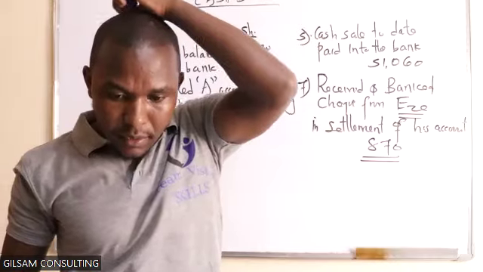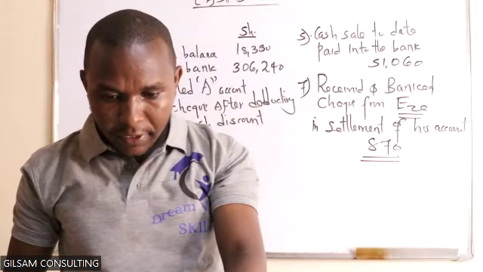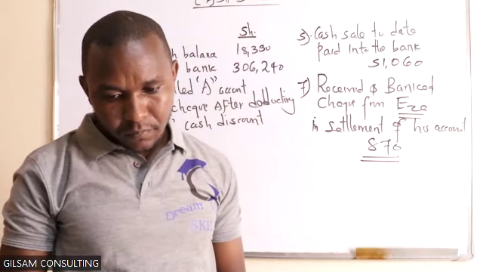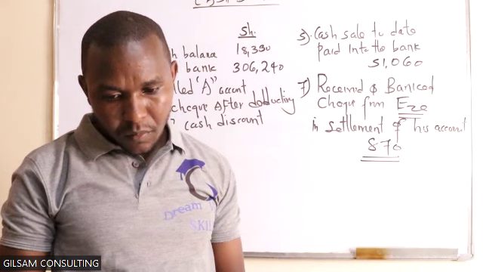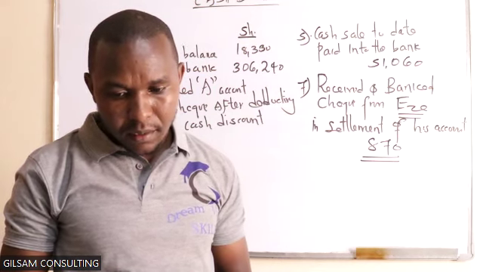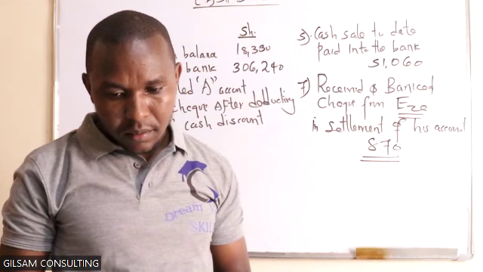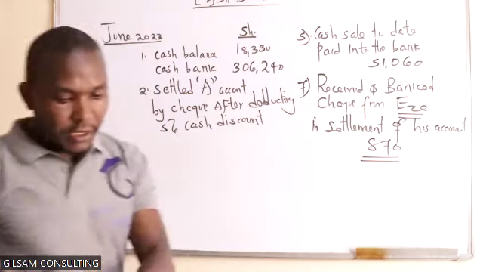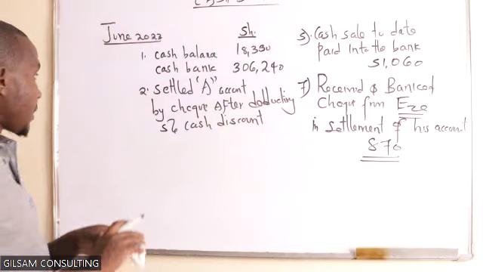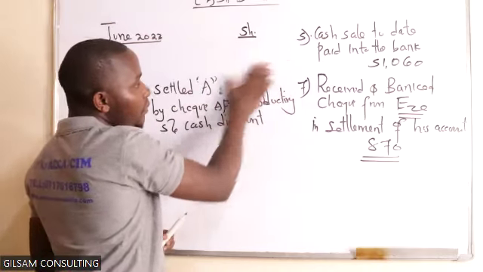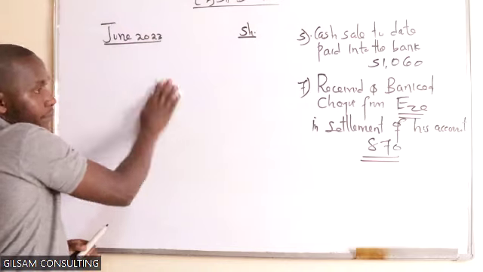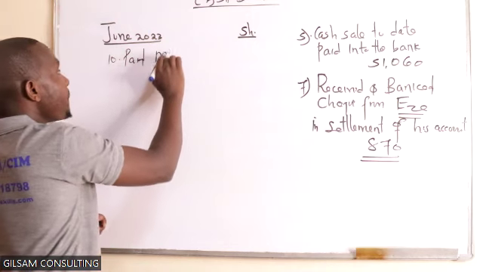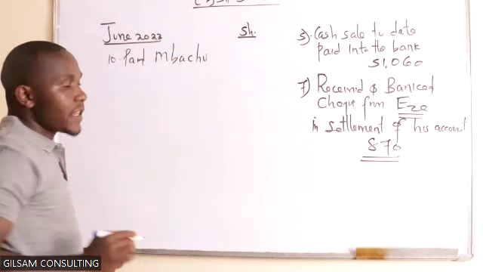Then on date 10 of June, we paid Bachu, the name of a person.